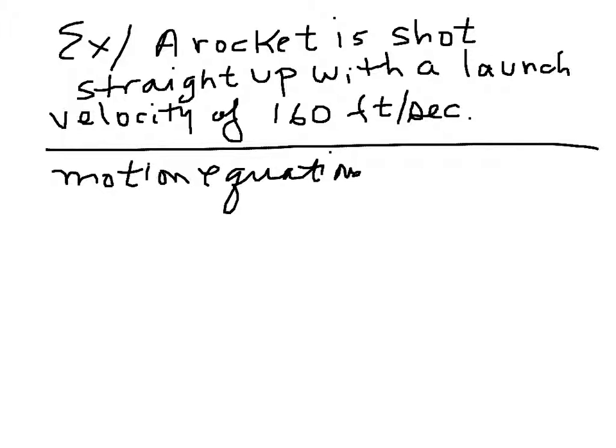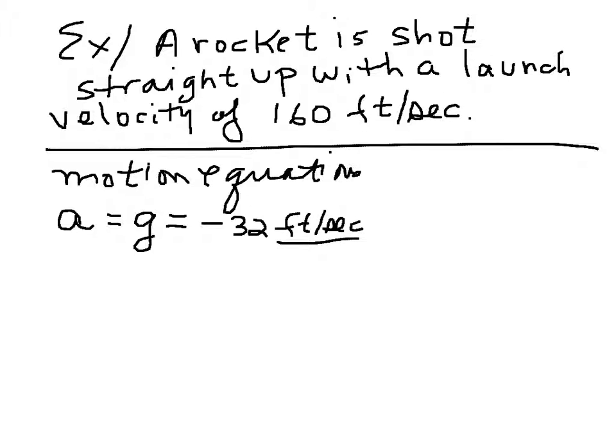So one of the things we know is that acceleration, which is the same as gravity, if we're in units of feet, is going to be minus 32 feet per second squared, which means every second the velocity is decreased by 32 feet per second.